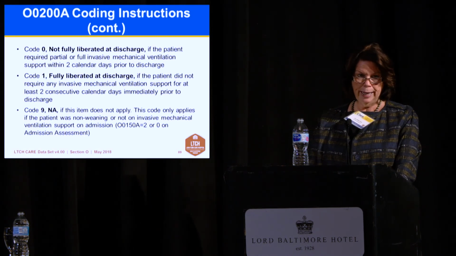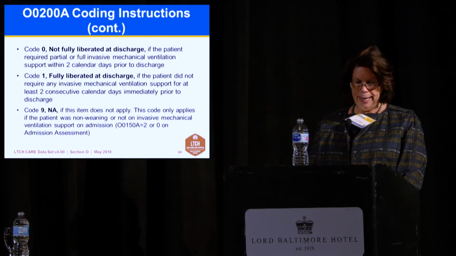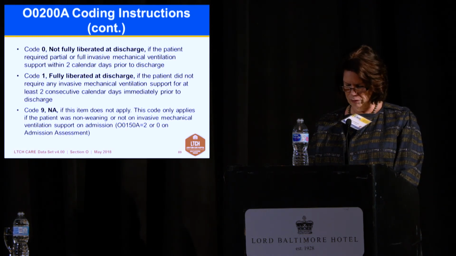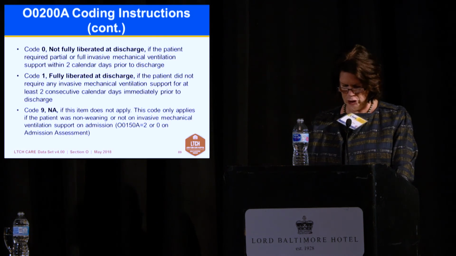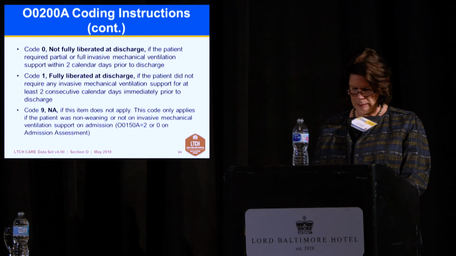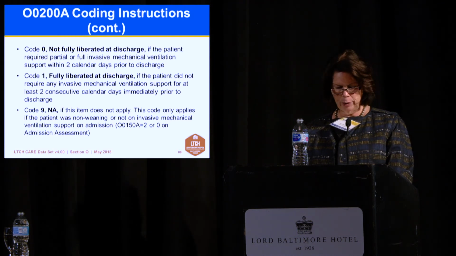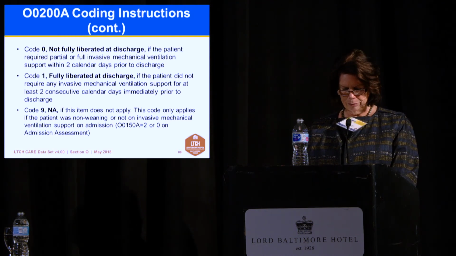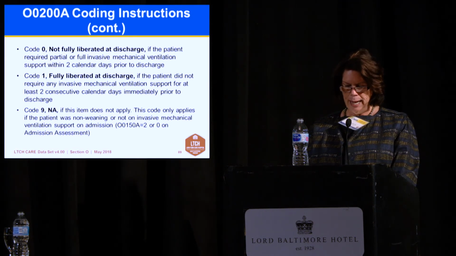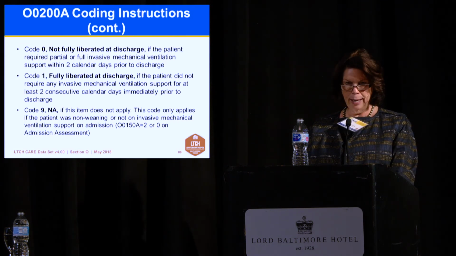You'll code this data element 1, fully liberated at discharge, if the patient did not require any invasive mechanical ventilation support for at least 2 consecutive calendar days immediately prior to the discharge date. And you're going to code 9, NA, if the patient was non-weaning or not on invasive mechanical ventilation support on admission.